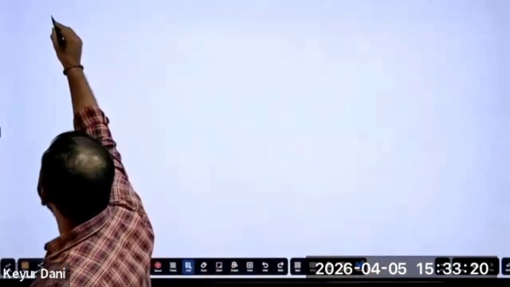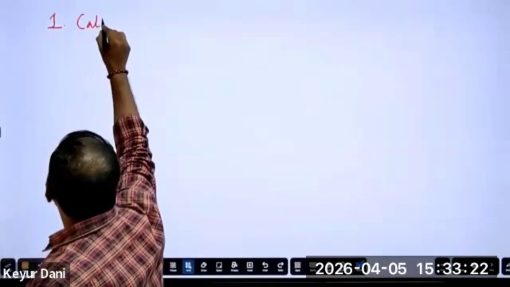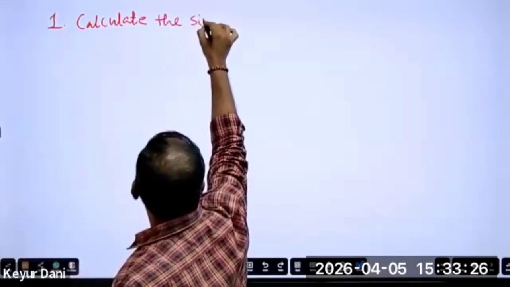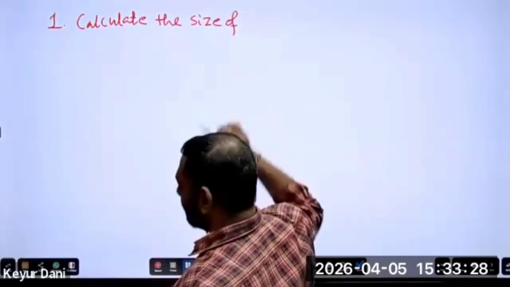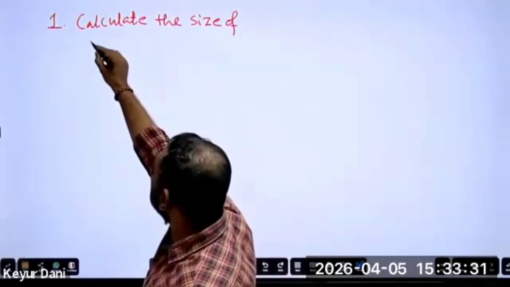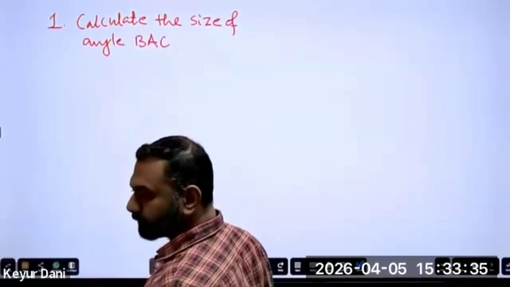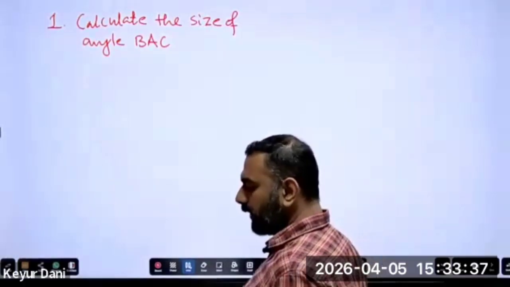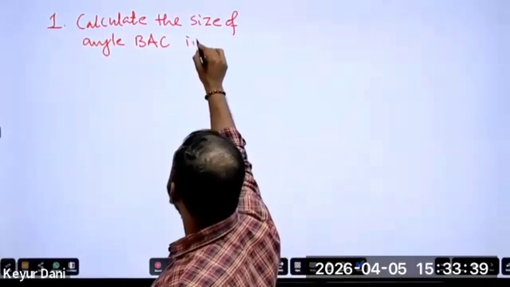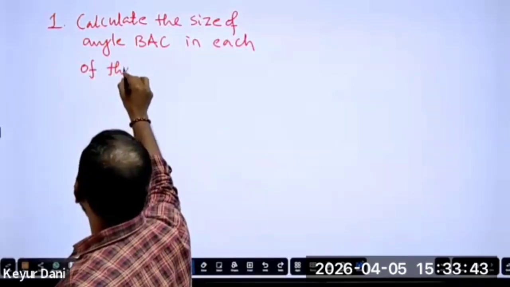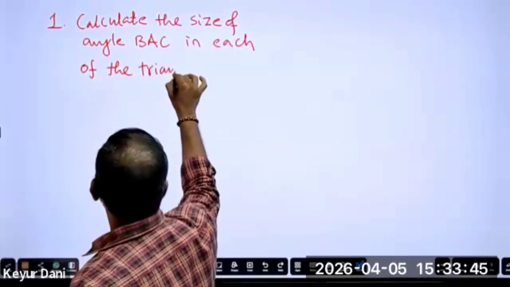Question is something like this. Calculate the size of angle BAC in each of the triangles. That's your first question.